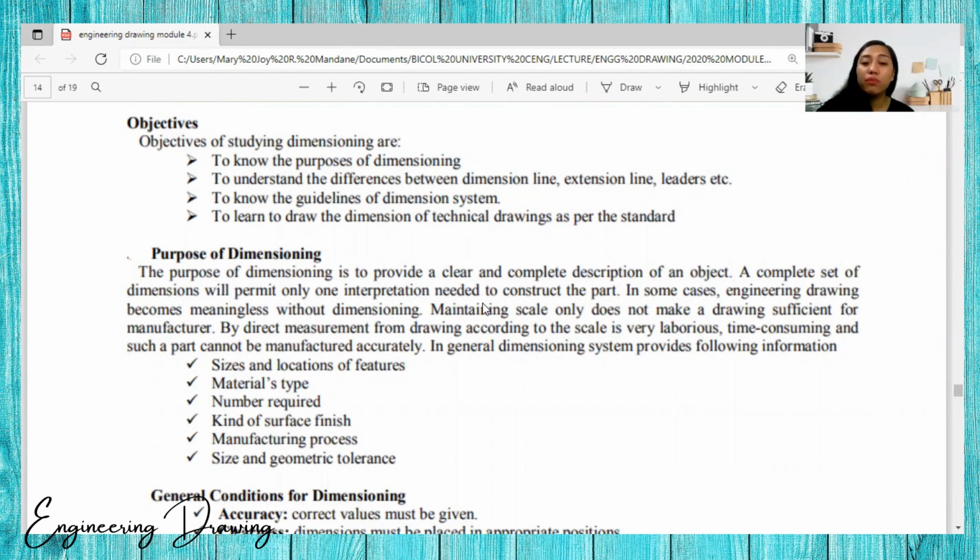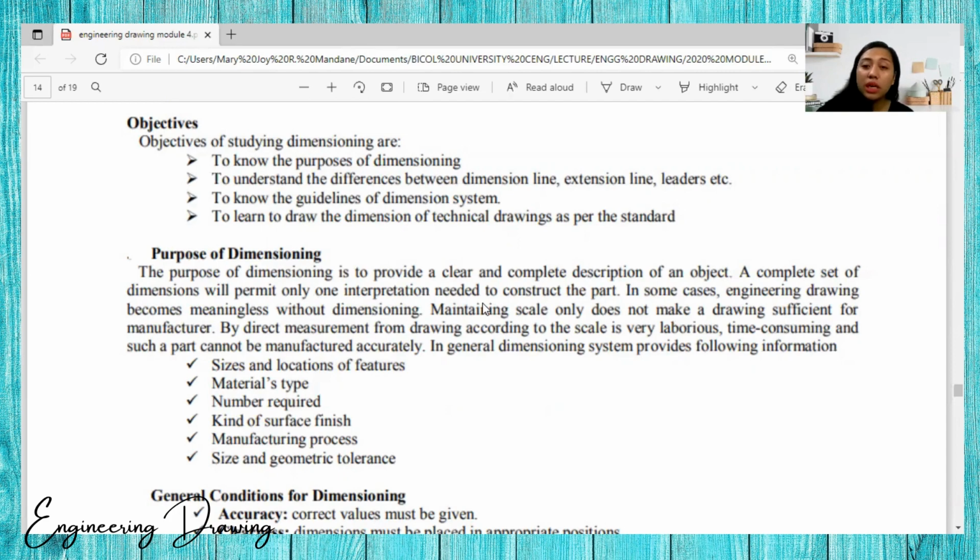Direct measurement from the drawing according to the scale is very laborious, time-consuming, and such a part cannot be manufactured accurately. Yes, so this is very important. One of the most important things that we need to put in our drawing is the dimensioning.